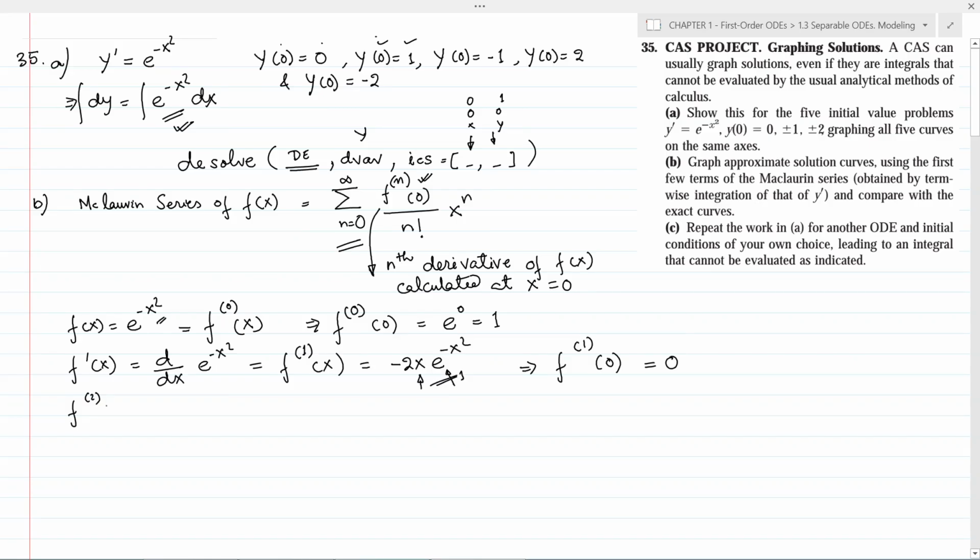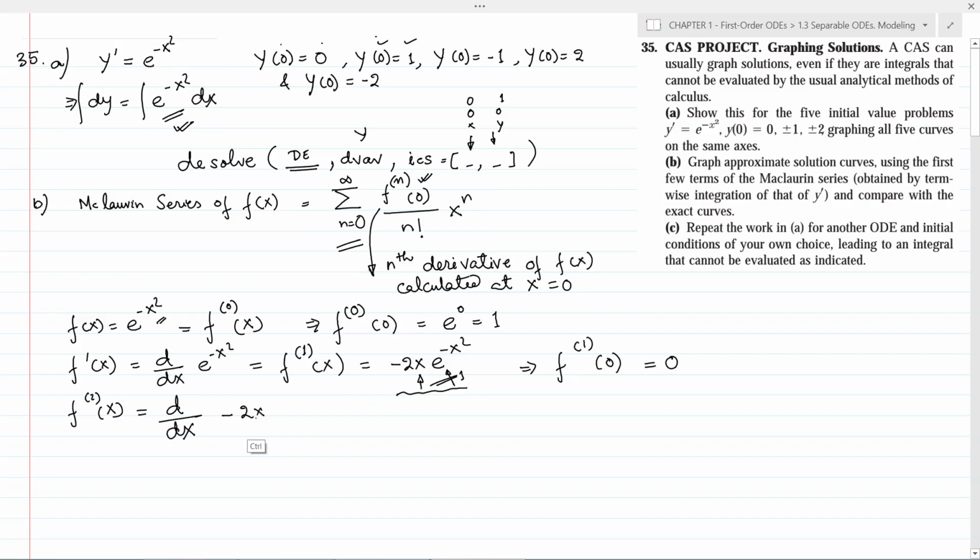F of 2 x means second derivative of e to the power minus x square, which is equal to d by dx of this term, because this is the first derivative.